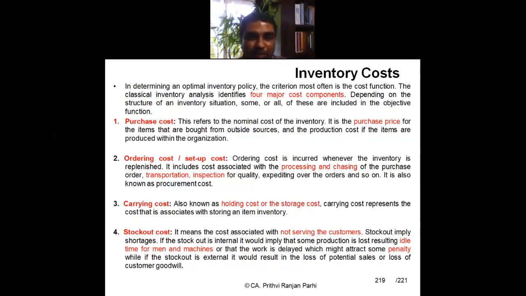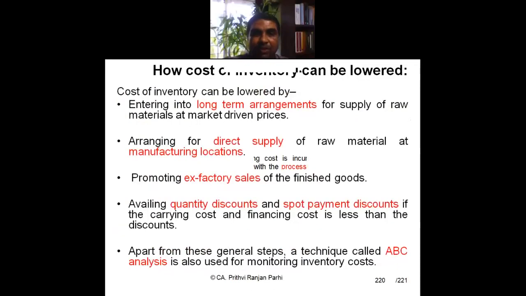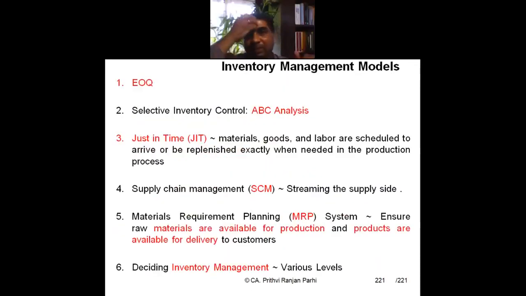Ex factory price means you collect at the factory gate, and that is the price. After that, transportation cost and various kinds of commissions will be involved. Excluding those, if you straightaway sell at the factory gate, then other costs will not be there. That is the point. Ex factory price.